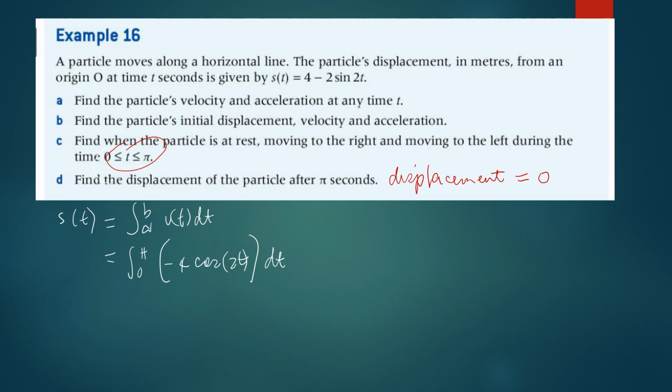Okay, integrating this is actually the same as taking out the constant, so cosine 2t dt.